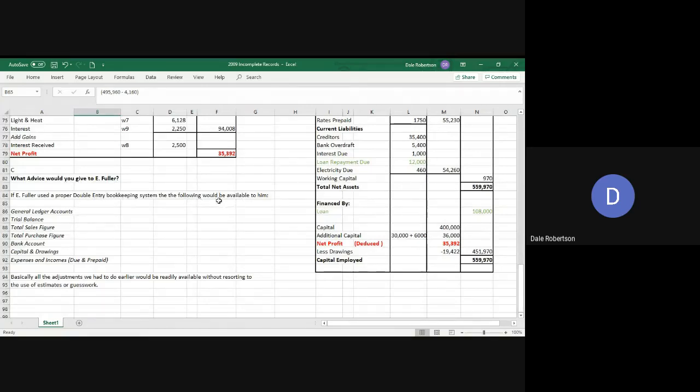And then you would have available to you general ledger, trial balance, total sales, total purchases. You would have a bank account, capital and drawings account, expenses and incomes. And basically all the adjustments that we had to do would be readily available without resorting to the use of any estimates or any guesswork if he was to use a proper system of accounting.